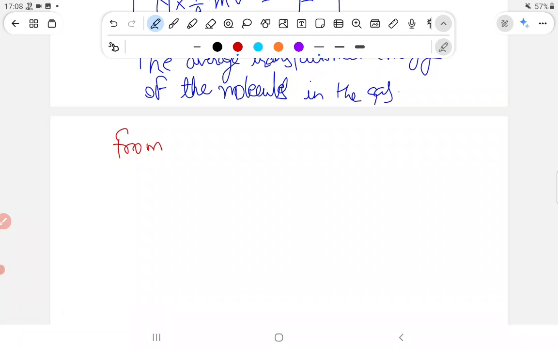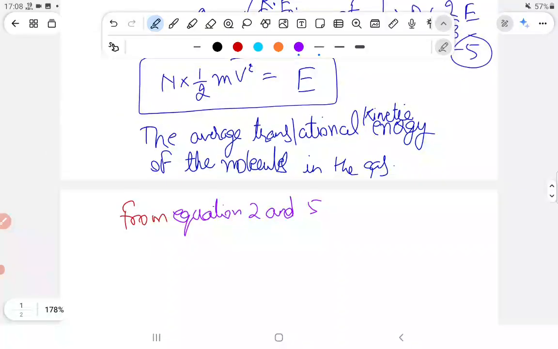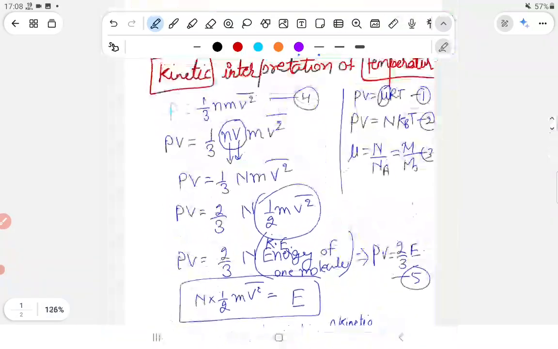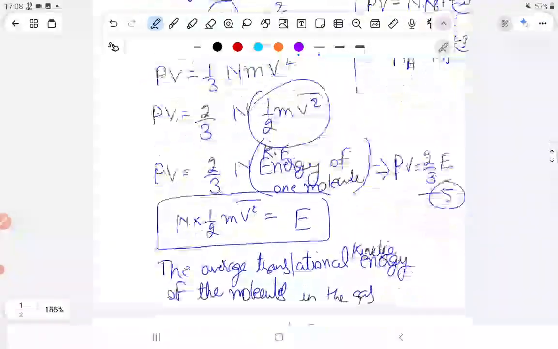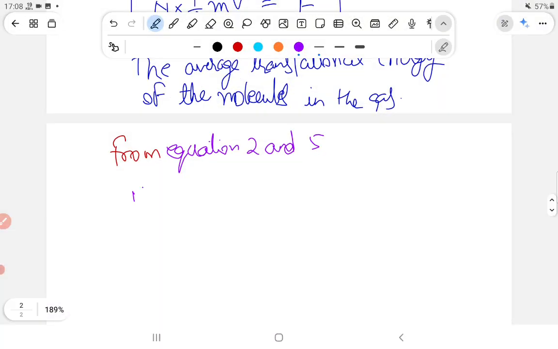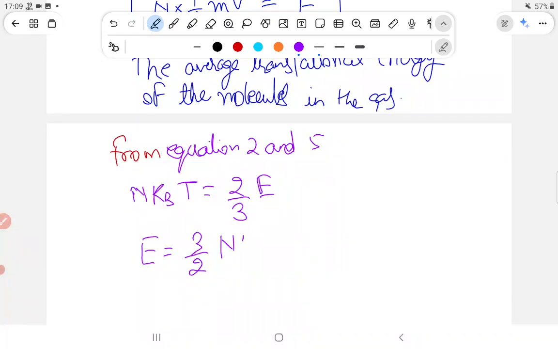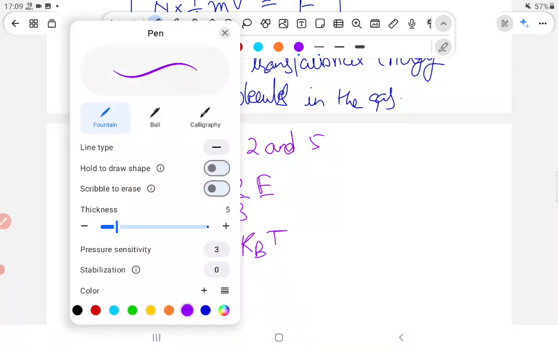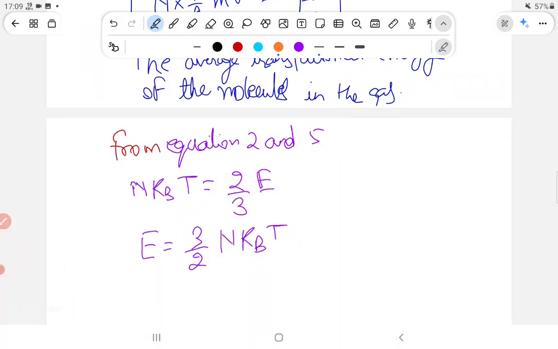From equation 2 and 5 we get, equation 2 was n kBT and equation 5 is 2 by 3 E. If we find out E, it comes out to be 3 by 2 n kBT, and if we try to find out the value of E by n, it is the total energy.